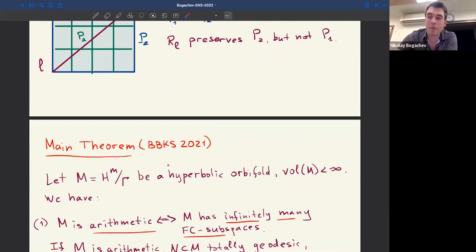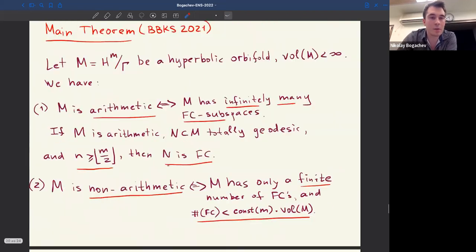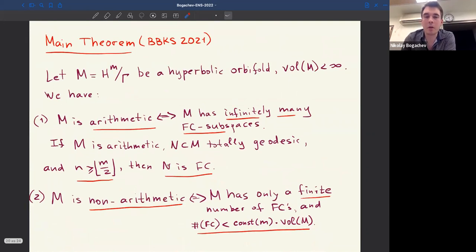So the main theorem states the following: let M be a hyperbolic orbifold of finite volume, then M is arithmetic if and only if it has infinitely many FC subspaces. Moreover, in the arithmetic case, any totally geodesic suborbifold of dimension at least M over 2 should be FC.